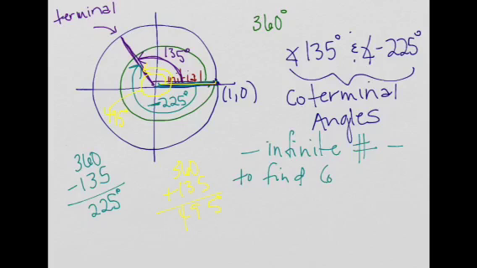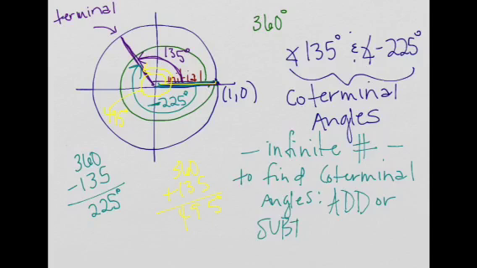So to find coterminal angles, all you do is add, or I could actually subtract 360 degrees in order to find a coterminal angle.